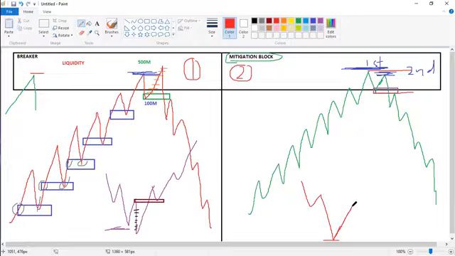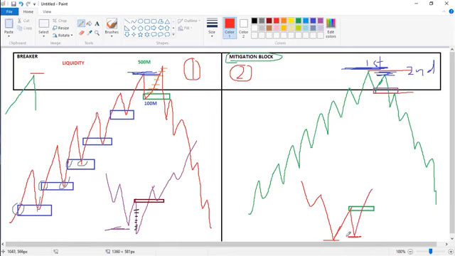Price goes up, they want to buy again, but they don't want to buy up here. They want to buy low. So they will push price down to discount of this low and this high, with this order block here. Once they enter their second orders here, then price breaks market structure.